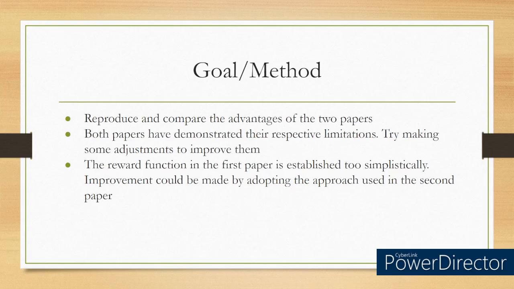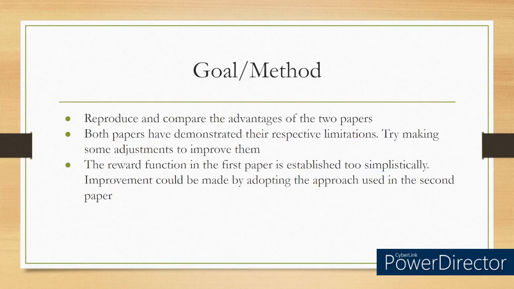The objective of this final project is to reproduce and compare the advantages of hierarchical object detection as presented in two papers, addressing their respective limitations and proposing adjustments to enhance their methods.